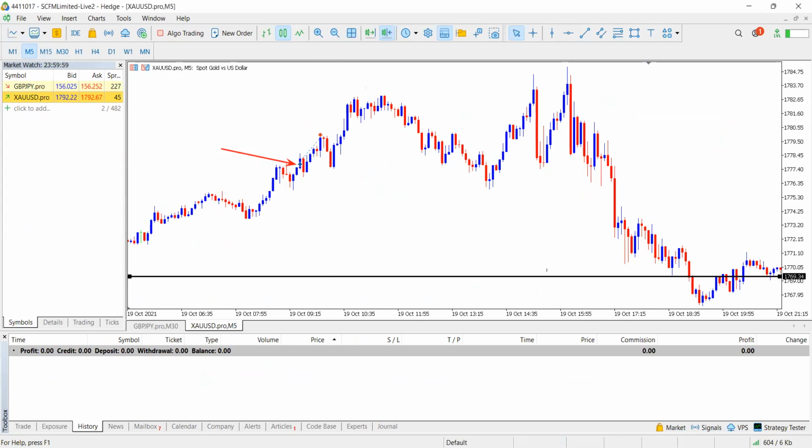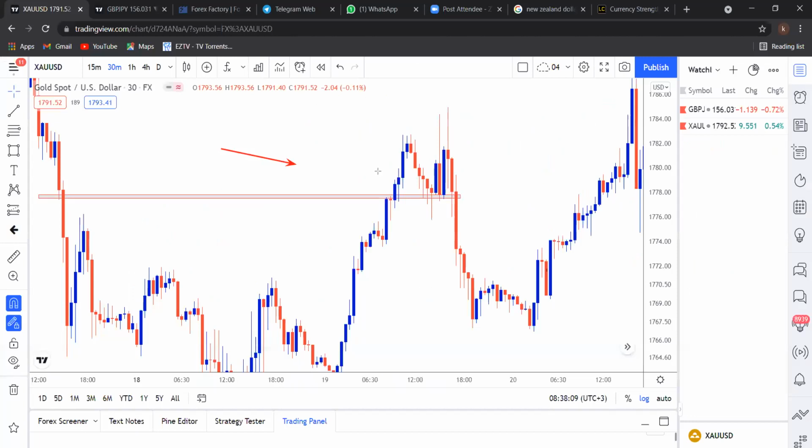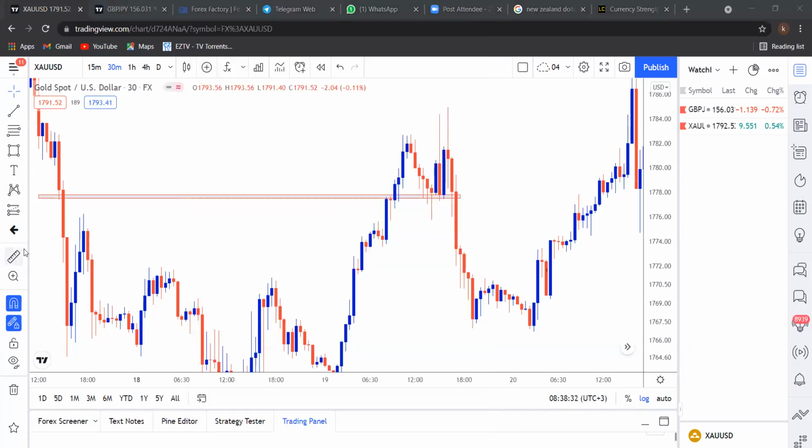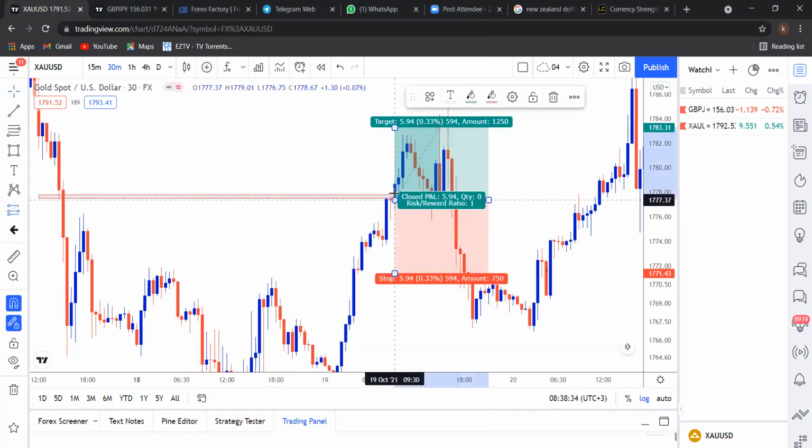Venye hizo highs zilianza kubreakiwa, hizi highs za M30, kwanza there were 2 highs that were broken, because me I took my entry as soon as niangalia hiyo picha. Entries zangu nilichukua at 177,999.